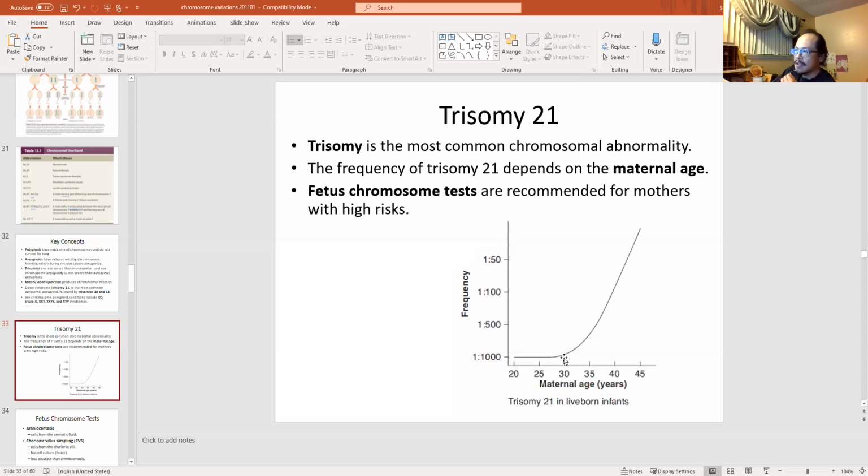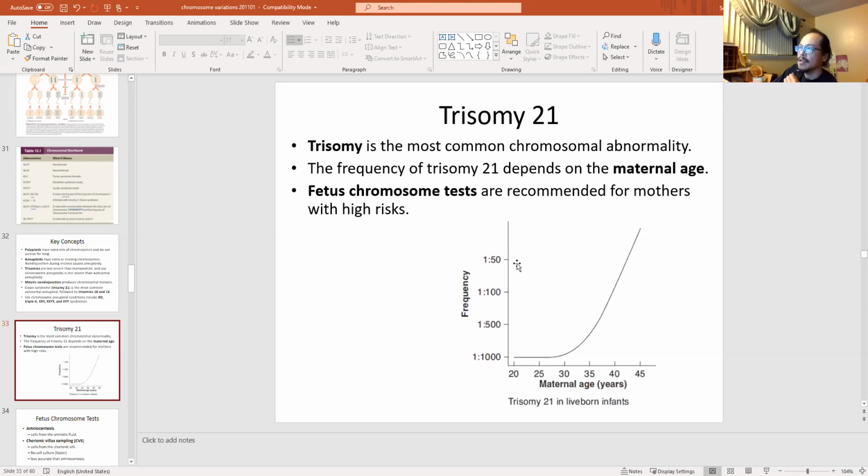So you can see that if the mother's age is less than, say, 30, or even 27, the risk is not exactly low, but it doesn't change. However, when the maternal age is 30, 35, 40, 45, then the risk of having a baby with trisomy 21 is getting higher and higher.